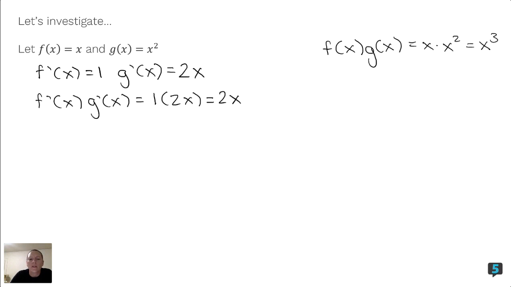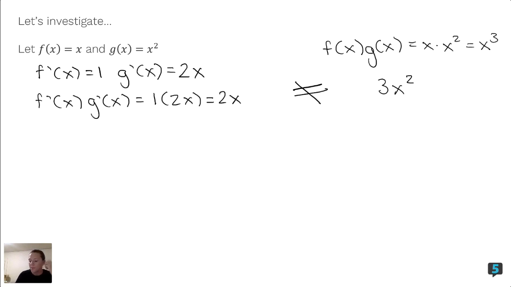Go ahead and comment on that in the chat. Yeah, exactly, 3x squared. So we can see that these two things are not equal to one another, okay?